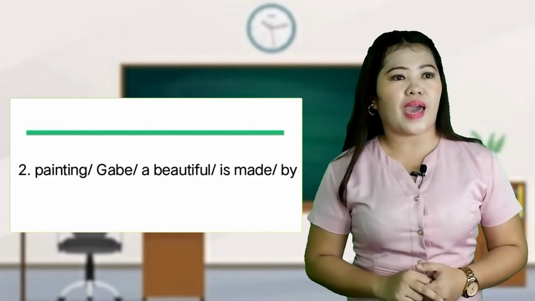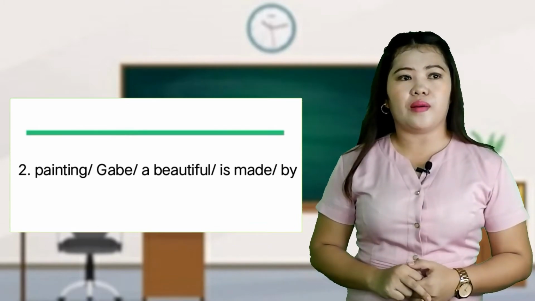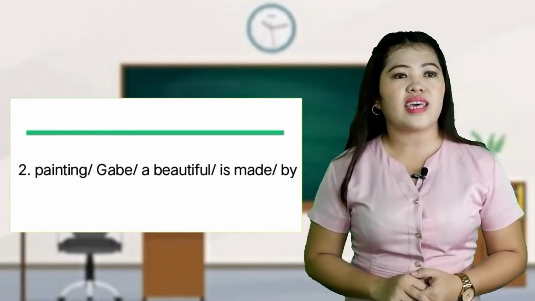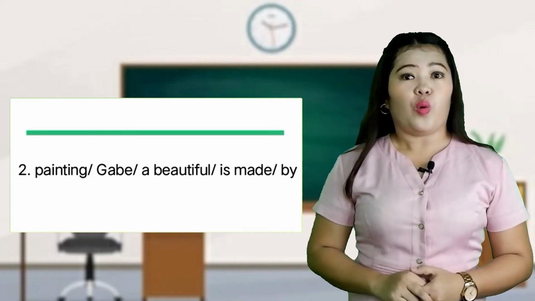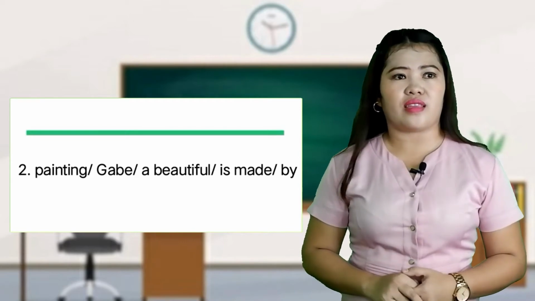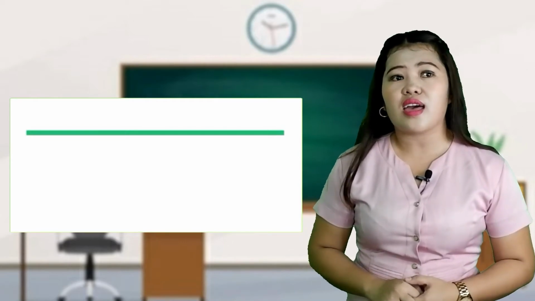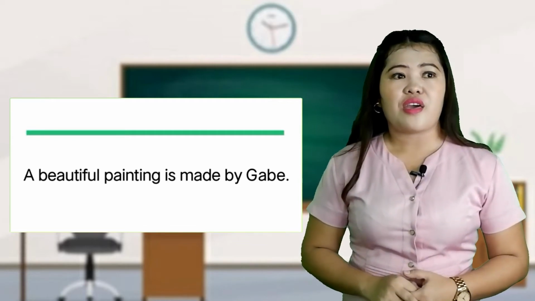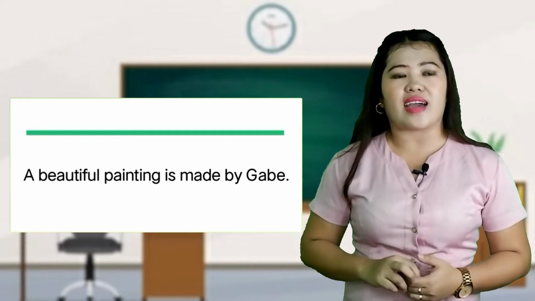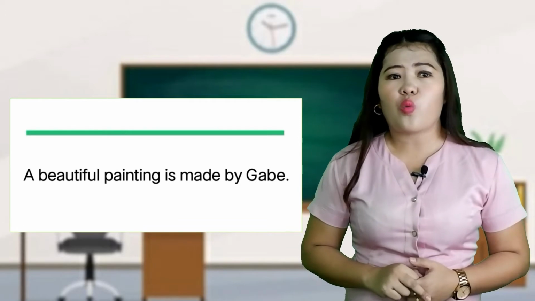Let's try another one. Number 2. Painting Gabe a beautiful is made by. What is your answer? Did you answer a beautiful painting is made by Gabe? Then you are correct. If not, where did you go wrong?